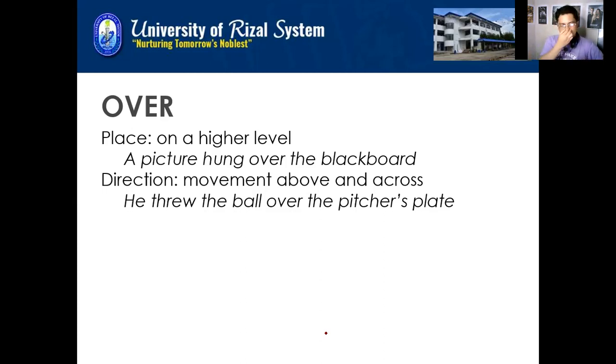We see that motion, which isn't like "above", which is just there. Or it could be a certain level which is higher than a certain level, then a picture is hung over the blackboard. Okay.